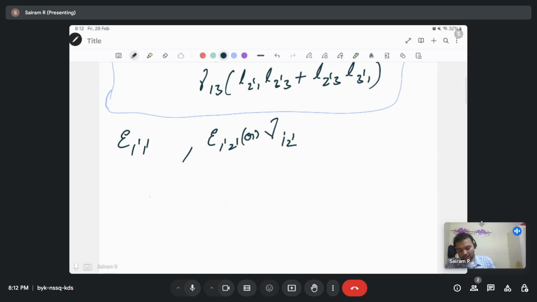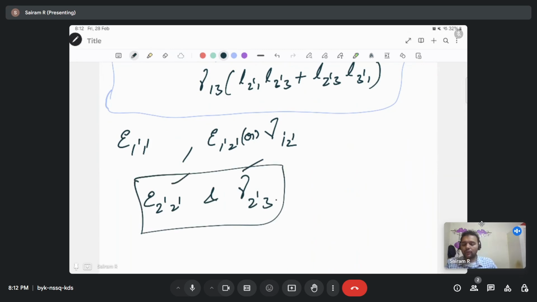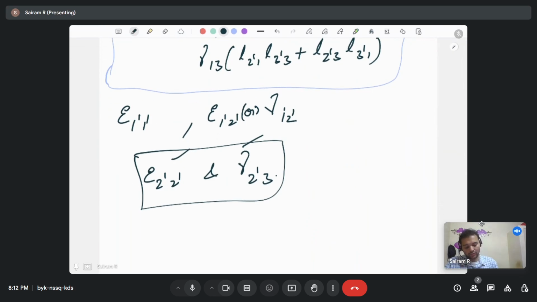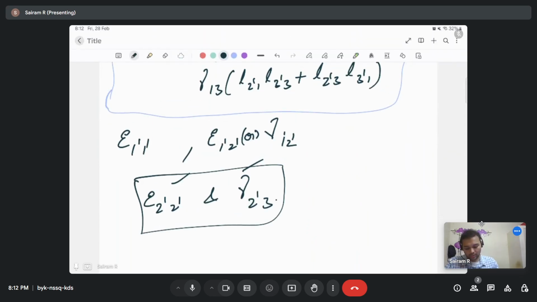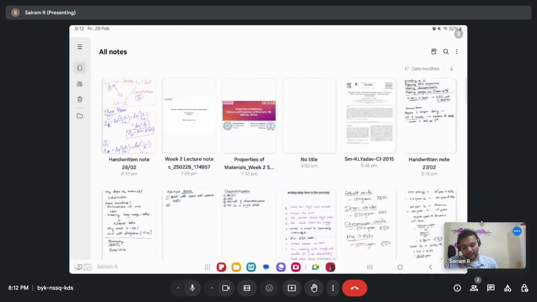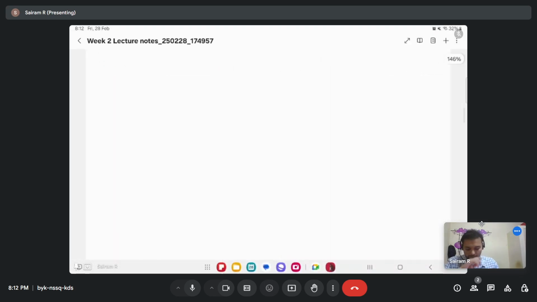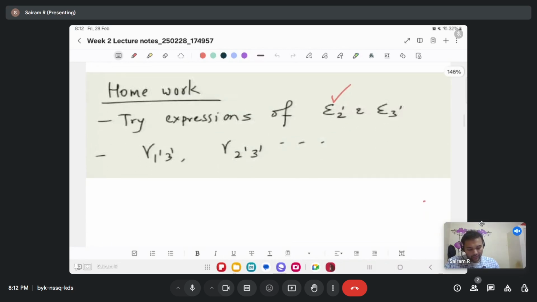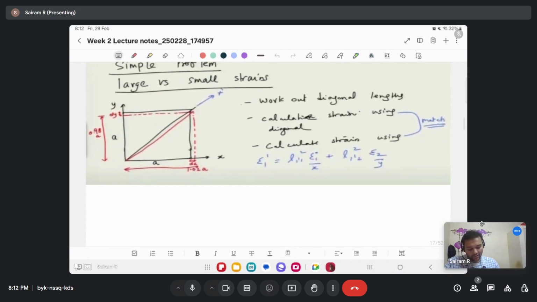Now we have solved epsilon 2 prime 2 prime and gamma 2 prime 3 prime. We have solved these two equations. So we have solved four different expressions to write this in tensor form. Hopefully this is adequate practice. We'll go back to the week's class notes.